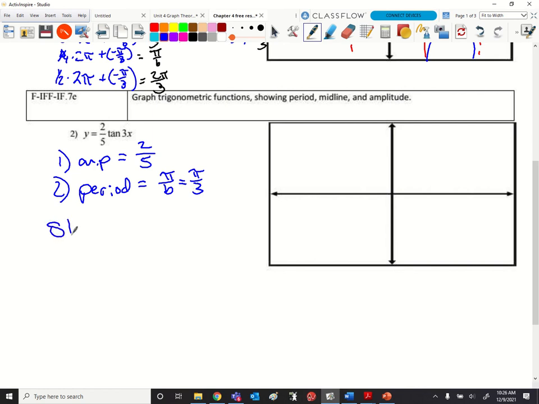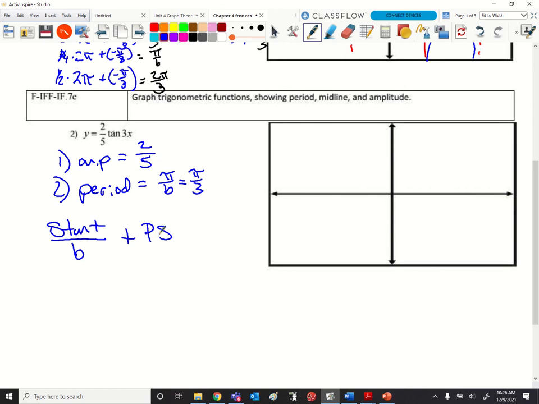So my start is divided by, what's the start divided by? b. Not 2 pi over b, that's for sine and cosine.